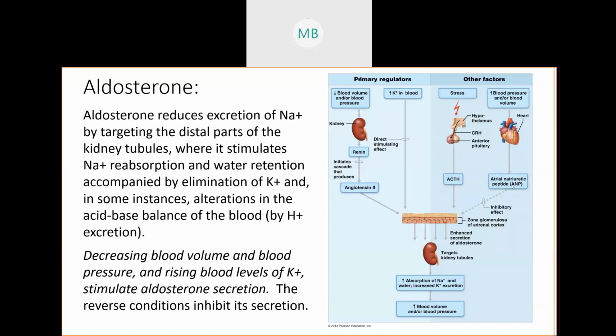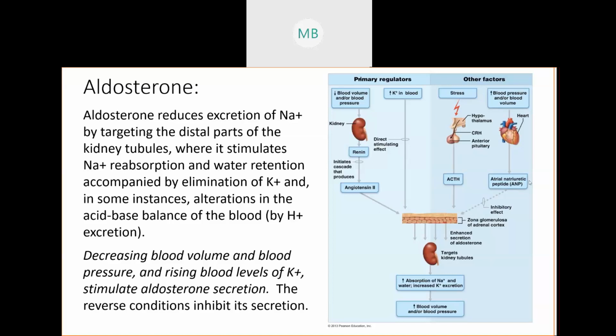And this ANP is released when your blood pressure and your blood volume have gone up and your heart detects that. ANP inhibits messages going to your zona glomerulosa, and essentially it's going to block renin and aldosterone from being secreted, because your heart's desire is to decrease your blood pressure, because it's releasing this because it detected that your blood pressure is too high.